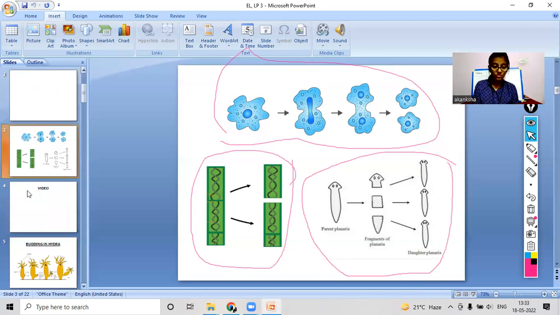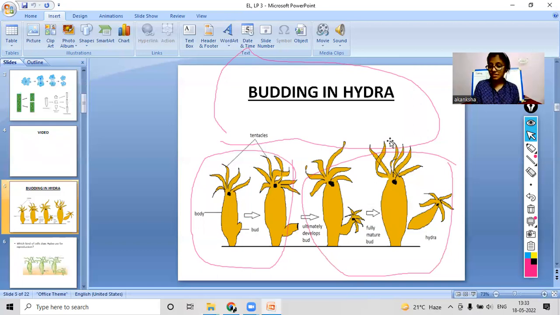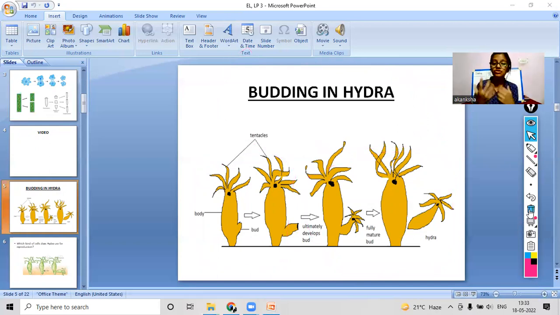Coming on to our next slide, today we are going to study this diagram. First you have to observe this diagram, and then share your observations, like what you can see in it. Yes, you can see it is written budding in hydra. Yes, very good. What else can you see, like what is happening in these diagrams? This is the body, and this is a bud.